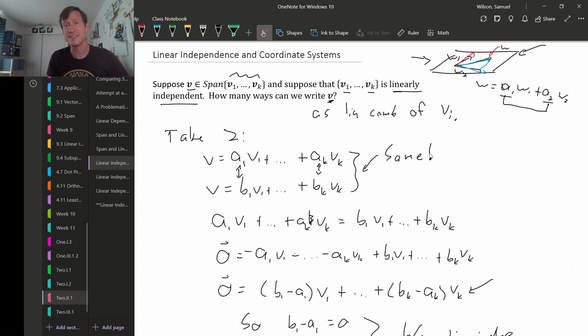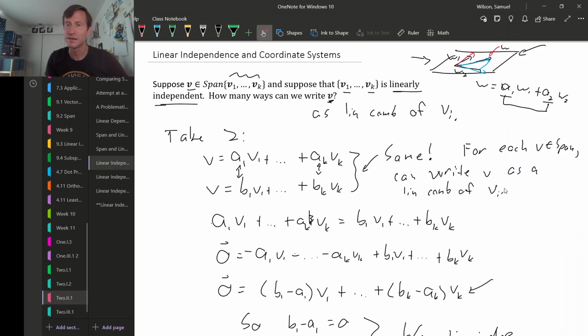So what we've shown is that if you have linearly independent vectors, then for each v in the span of all of those vectors, we can write v as a linear combination of the vi's in a unique way. And that's the key thing: in a unique way.